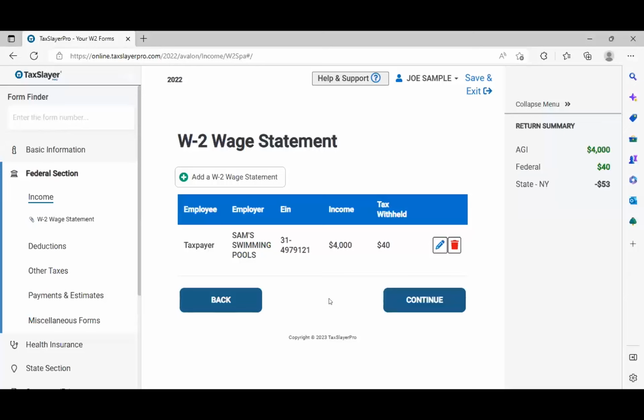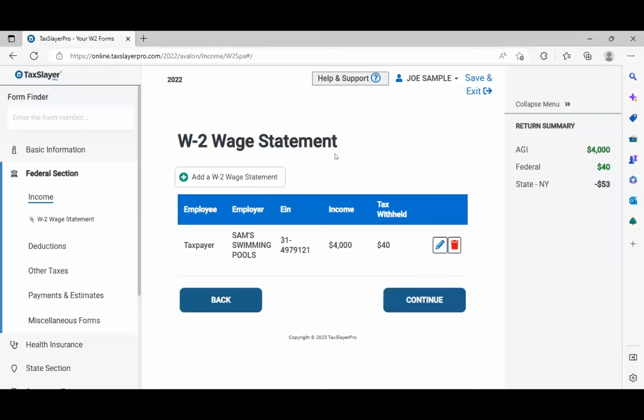Sounds like Joe was a lifeguard during the summer months and had that amount of wages. Again, you can edit what you've entered if you've entered things incorrectly. You can delete what was entered and start all over. You can even add another W-2 if perhaps Joe came back to you next week and said, "Oh, I forgot to give you this second W-2."